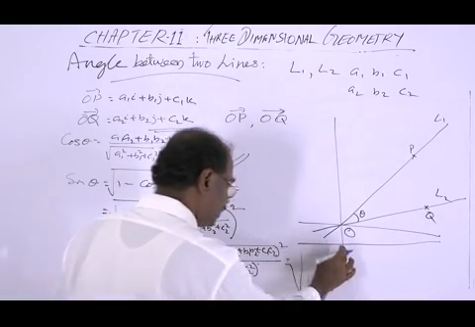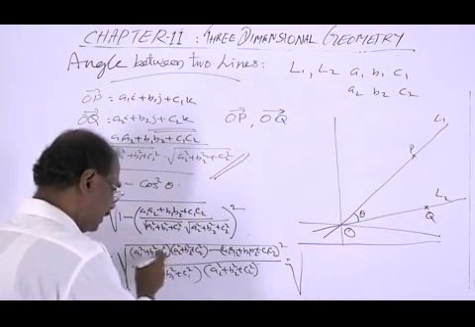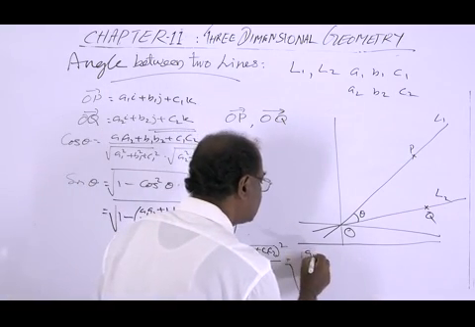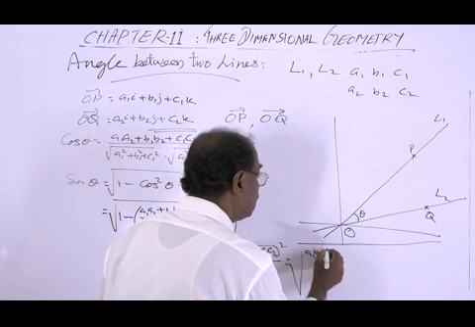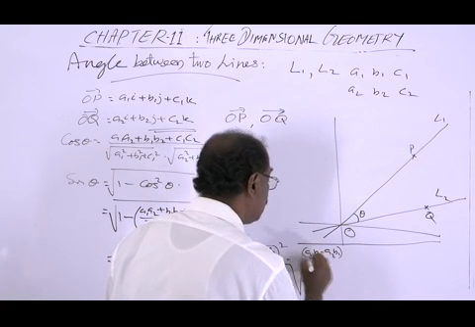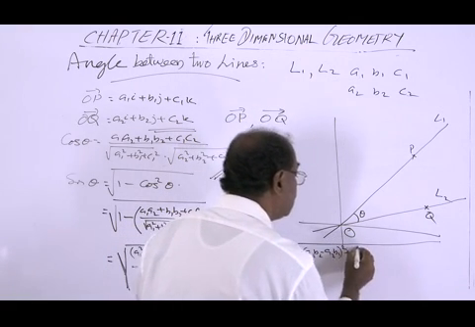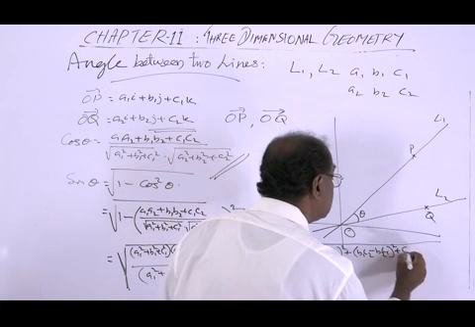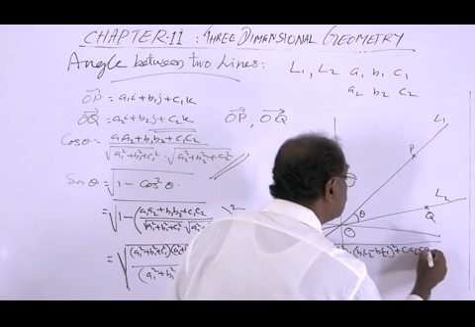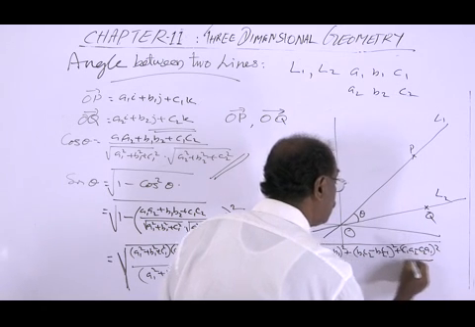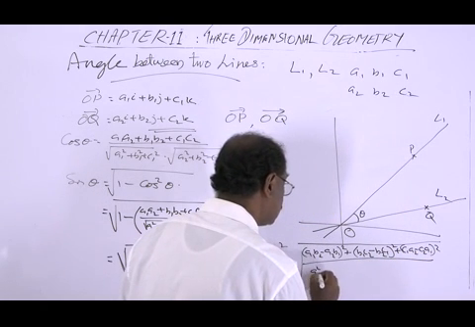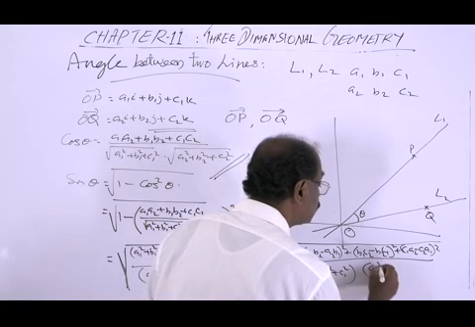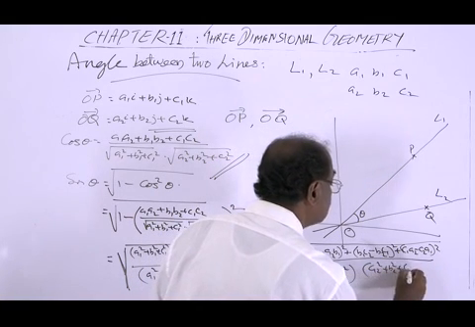Multiplying term by term and rearranging, we see that this is equal to root of A1 B2 minus A2 B1 whole squared plus B1 C2 minus B2 C1 whole squared plus C1 A2 minus C2 A1 whole squared, all divided by A1 squared plus B1 squared plus C1 squared into A2 squared plus B2 squared plus C2 squared.